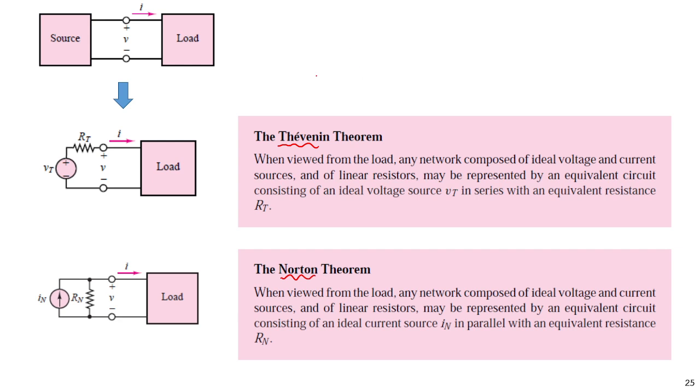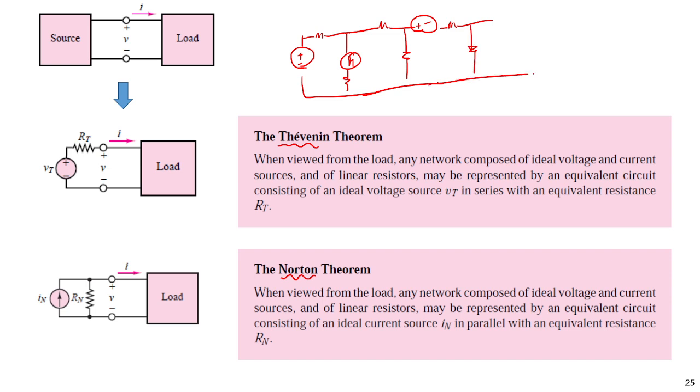It means that if we have any complex circuit and we connect some device to the terminal, inside this circuit may be very complex, but we can represent this circuit as one single source and one resistor.